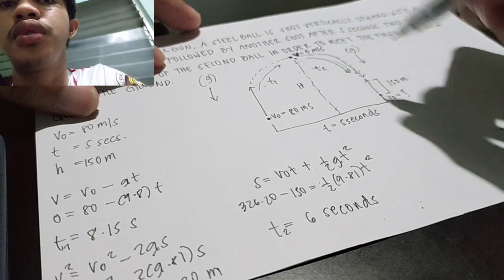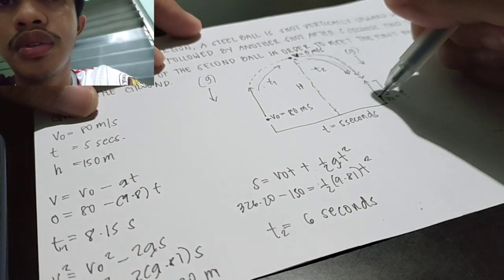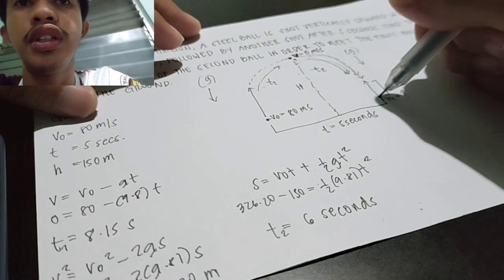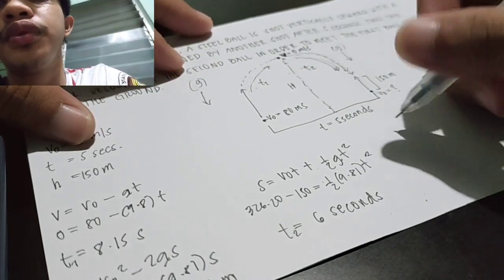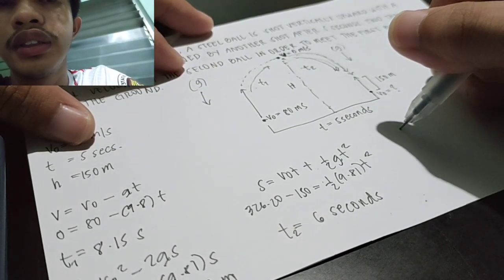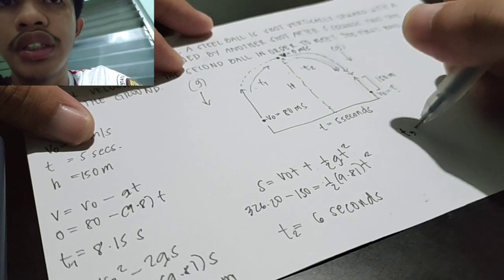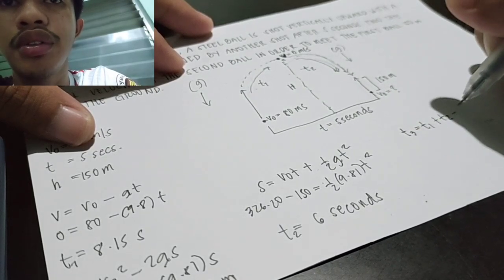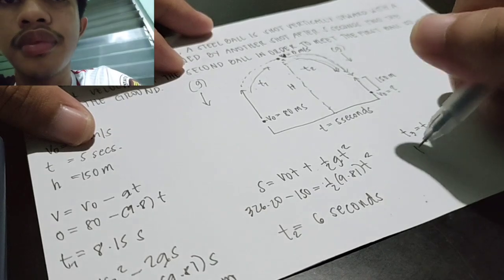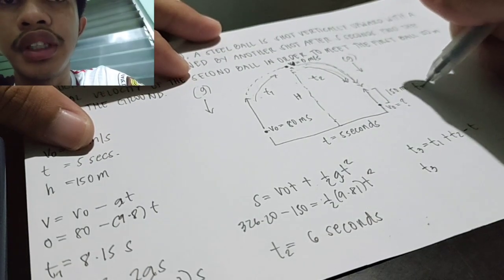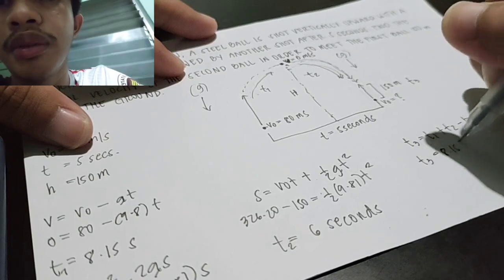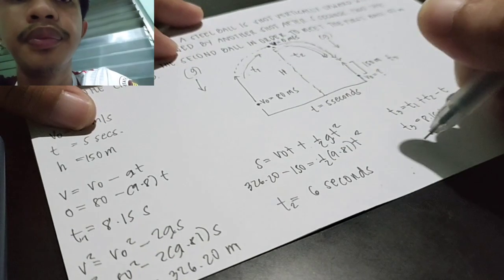To solve for the time that we'll use on this ball, we are going to equate T3 is equal to T1 plus T2 minus T. So T1 is 8.15, plus 6, minus 5.